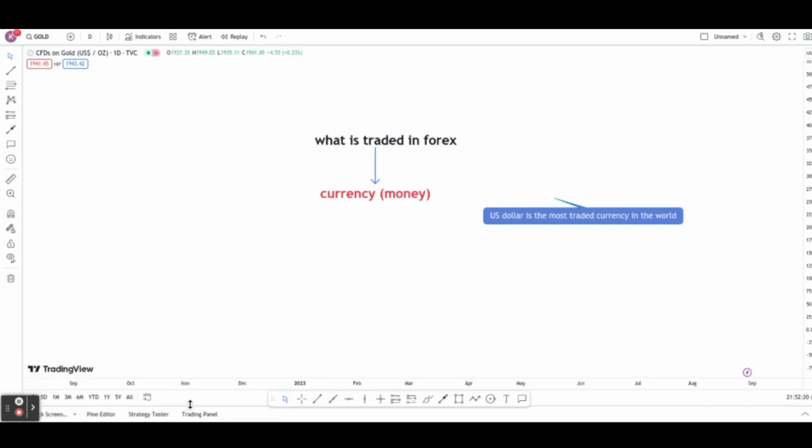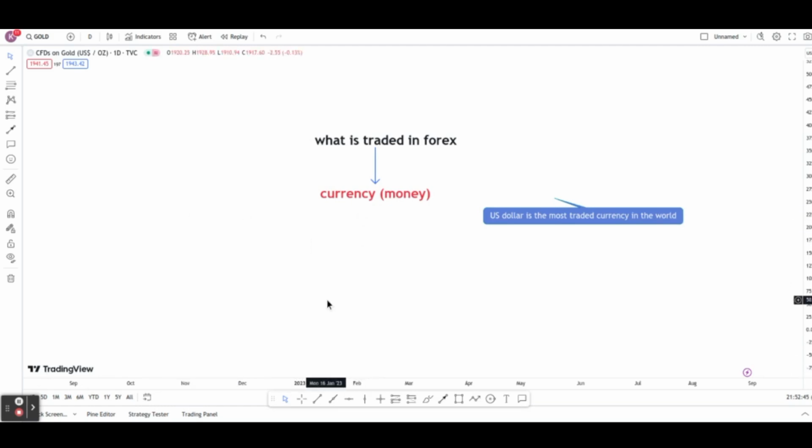So when you buy a particular currency, remember that we trade Forex in pairs, that is one currency against another. Once you buy a particular currency, it automatically means that the economy of the country that owns that currency is going to do better than the other currency you are selling. For example, Euro USD.